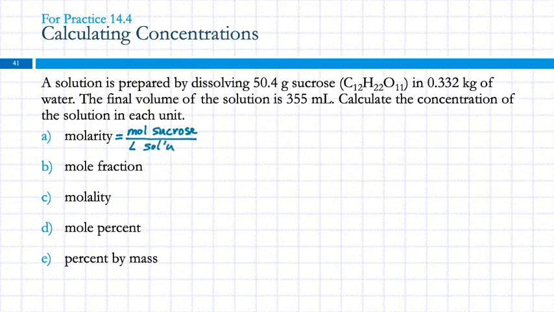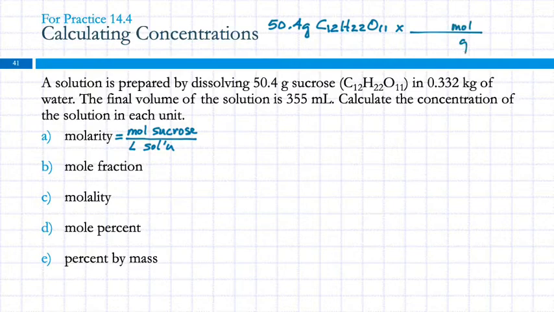So we need to find the moles of sucrose and we need the liters of solution. Well, they gave us a mass of sucrose, but we can convert mass to moles. They also gave us the formula, so that's nice. So 50.4 grams of C12H22O11. We need to know how many moles that is.